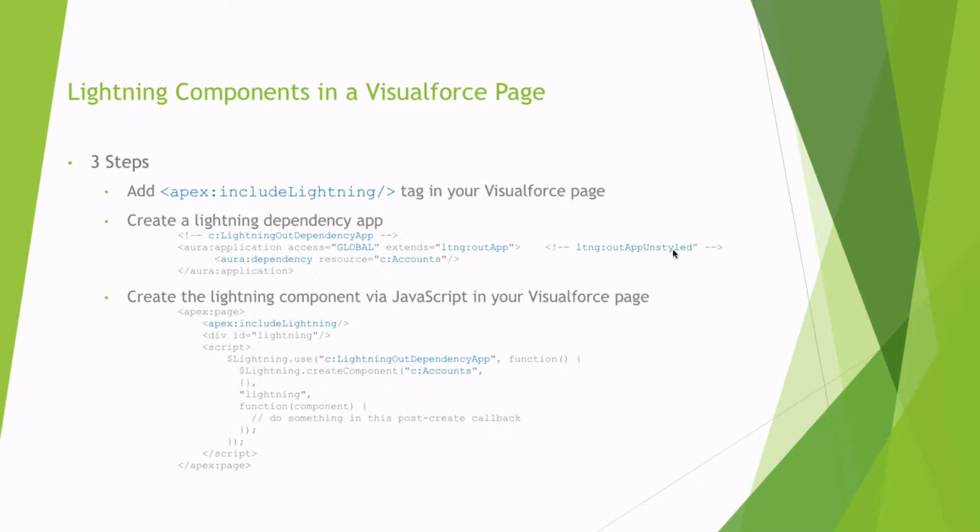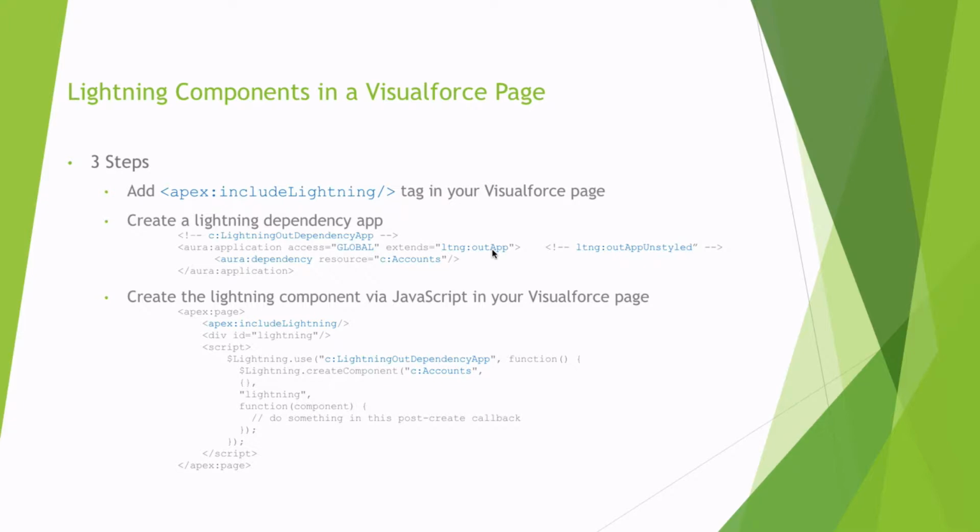And like the name suggests, this does not inherit Lightning styling, the SLDS. So if you extend this, then you are on your own when it comes to component styling. You have to use your own custom CSS for styling your components within. Okay, but if you use ltng:outApp, the Salesforce Lightning styling is automatically inherited for you.